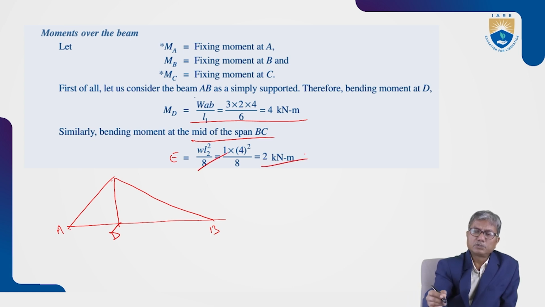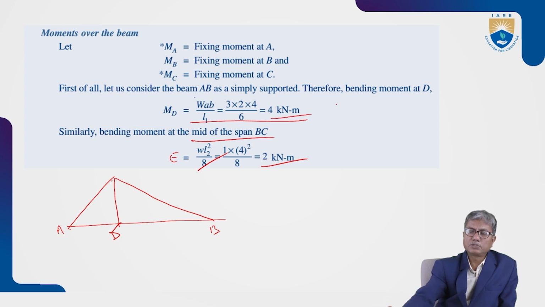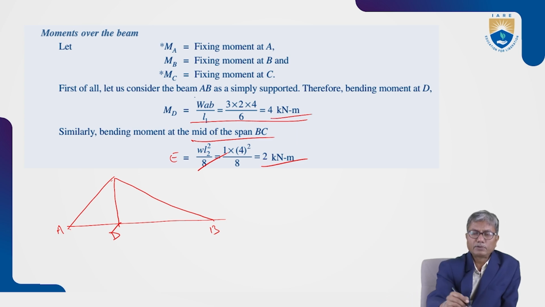So you will be getting 2 kilonewton meters. The simply supported bending moment diagram will be something like this.